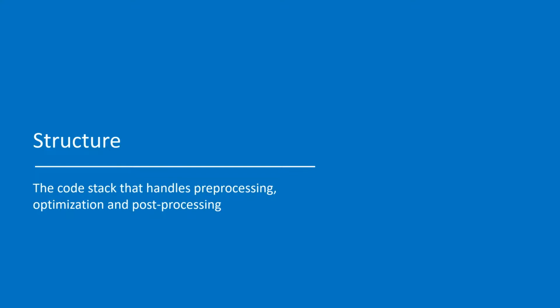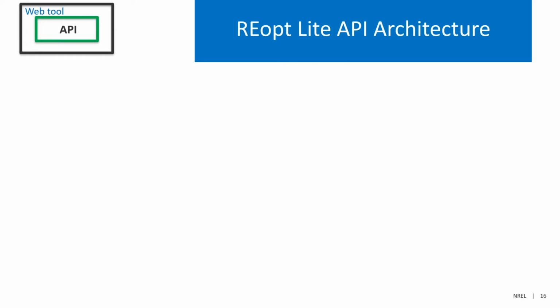So let's dive a little bit deeper into what the code base actually is. The structure of the code base looks like this. We saw in the previous slide that there is a web tool layer which surrounds the API layer, and I'm reiterating one more time that the green box, the API code alone, has been made open source.